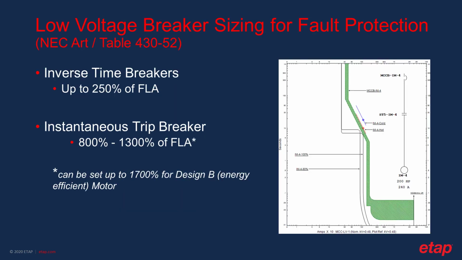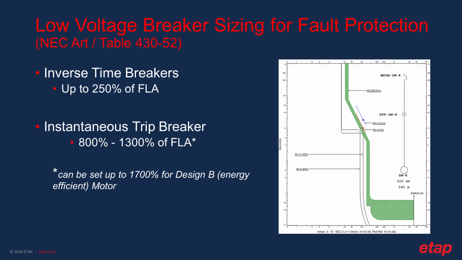Looking at the suggested setting for the low voltage breakers and sizing the breaker for the motor protection, if this breaker is sized for the fault protection, not for the overload protection, then you can size it up to 250% of the FLA. Typical industry practice is 150% of the FLA.